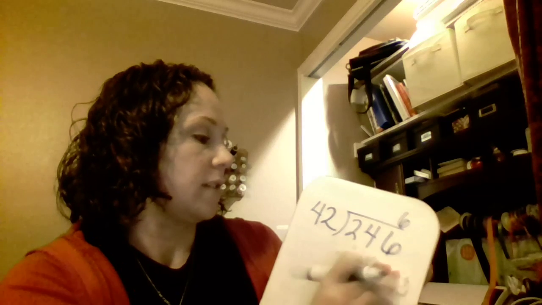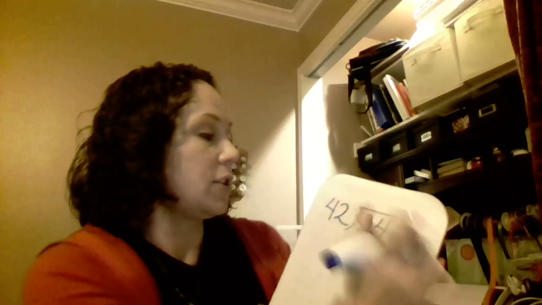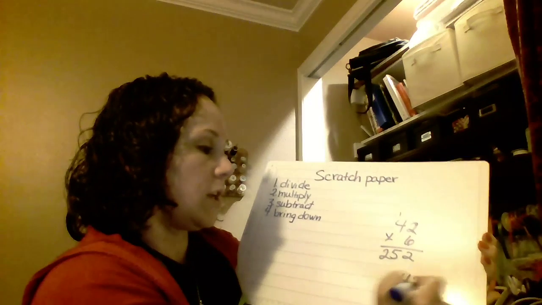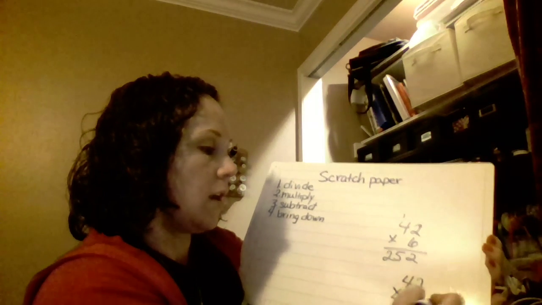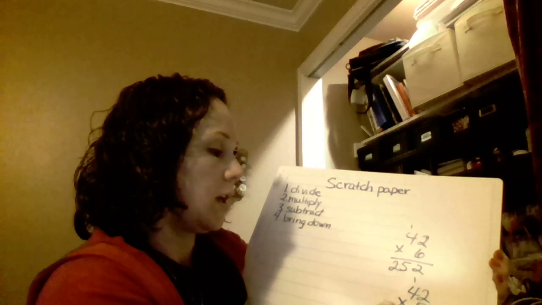I tell my kids all the time, it's okay to erase. Let's try a 5 instead. Let's go back to our scratch paper and try 42 times 5. 5 times 2 is 10, carry the 1, 5 times 4 is 20, plus the 1, 210.